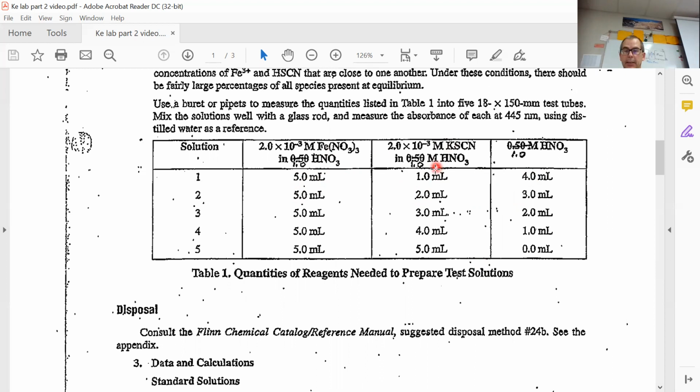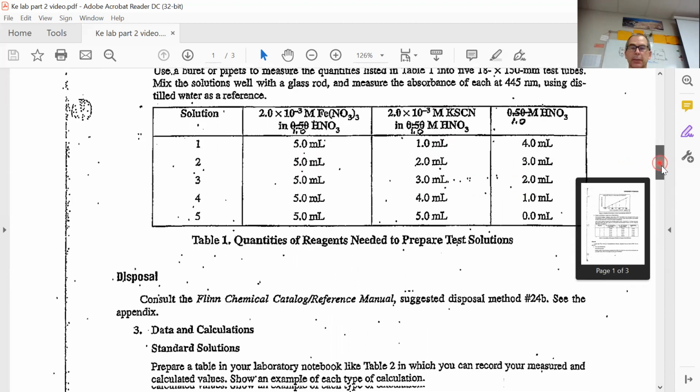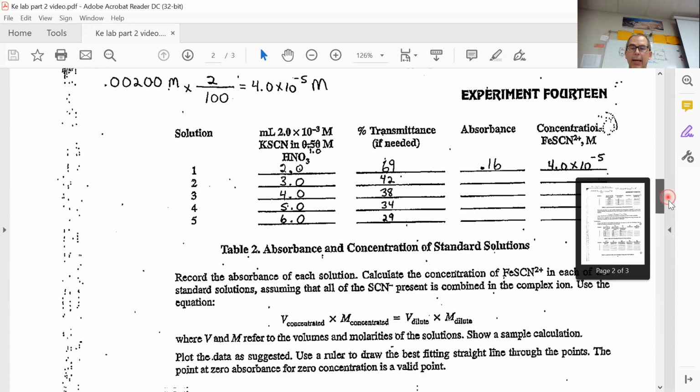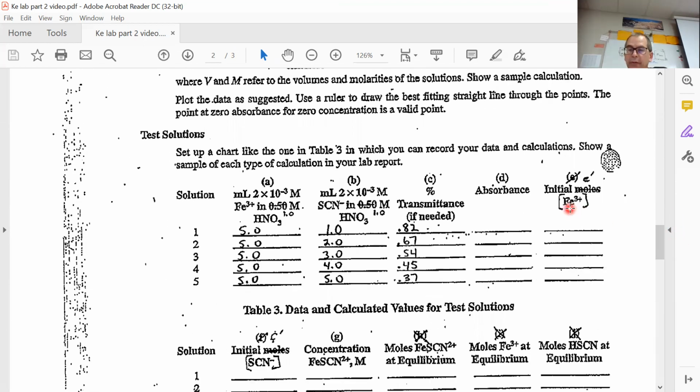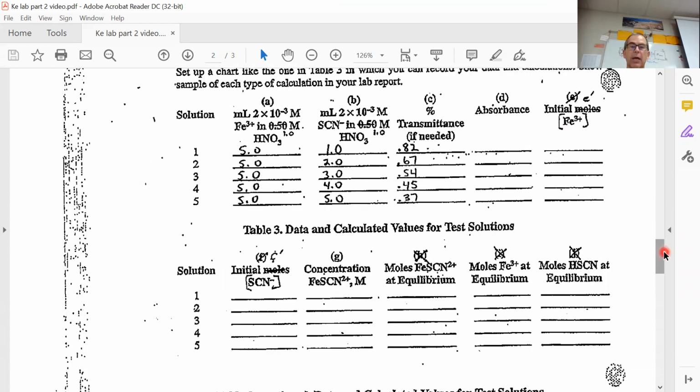For the KSCN, I'd go with the dilution factor 1 over 10. So be careful to get the right dilution factor when you do that step. And that would help you find the initial concentration of Fe+3 and the initial concentration of SCN-.